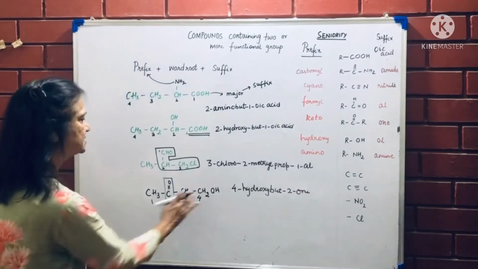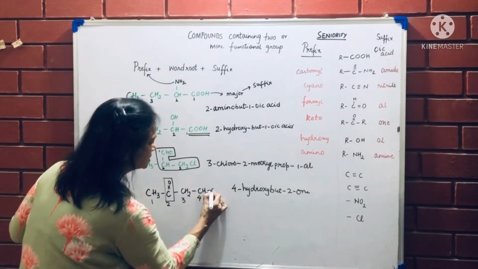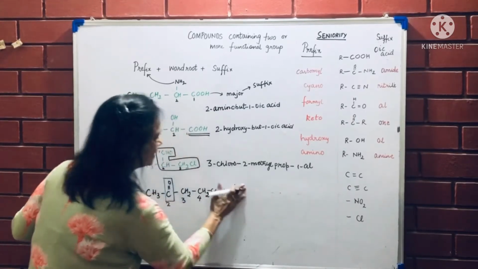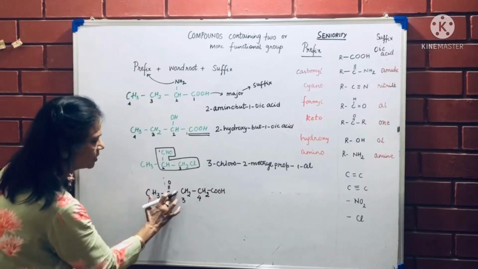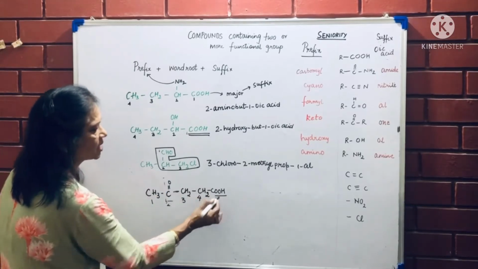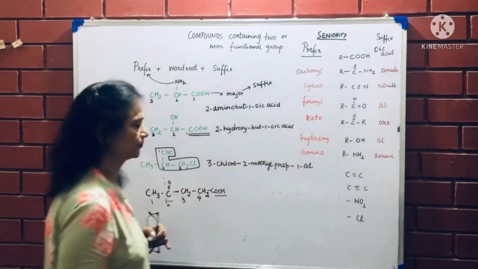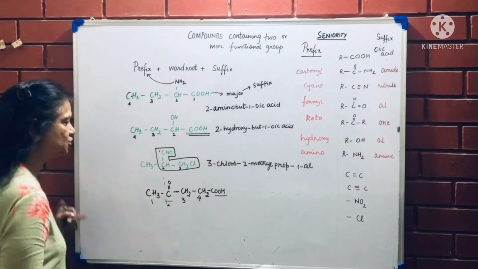Supposing in this compound I had written COOH here. In that case, CO is not the major functional group. The major functional group becomes COOH because it is much above the CO group. And the CO group at the moment will be called keto group.